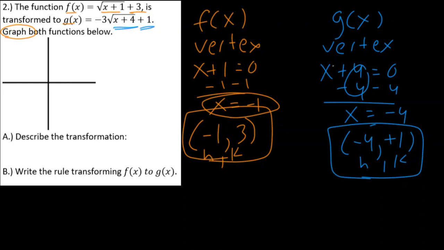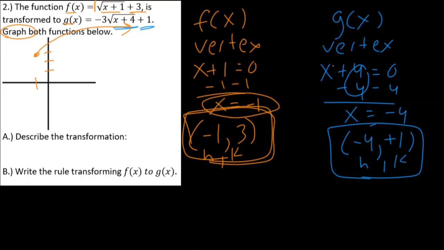I see that my first vertex, f of x, in orange, is negative 1, and I go up 1, 2, 3. And notice that my a value is 1, so I'm going to open up at a normal rate of increase, and we're just going to go to the right. Now, let's go ahead and take a look at our g of x function.